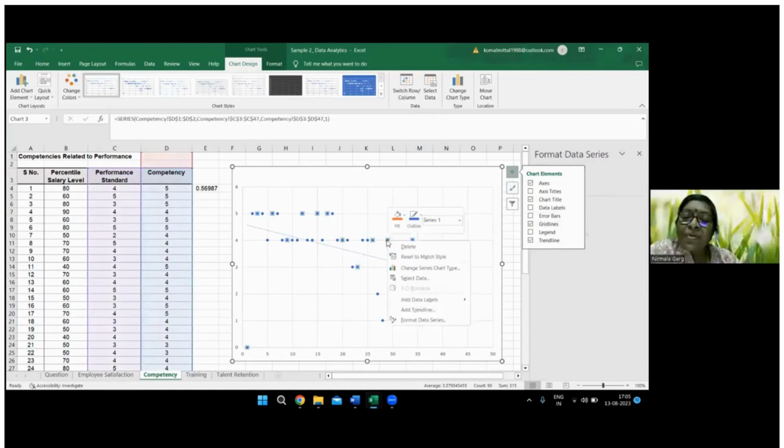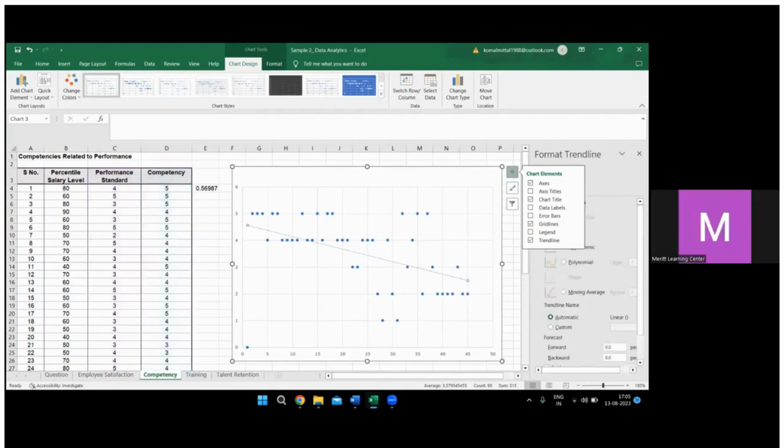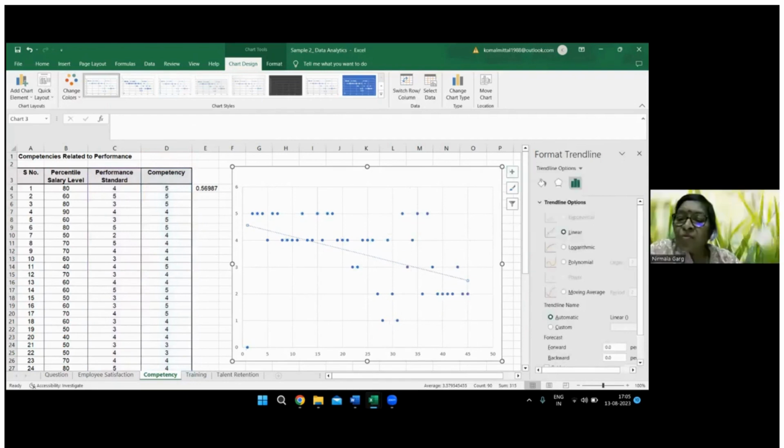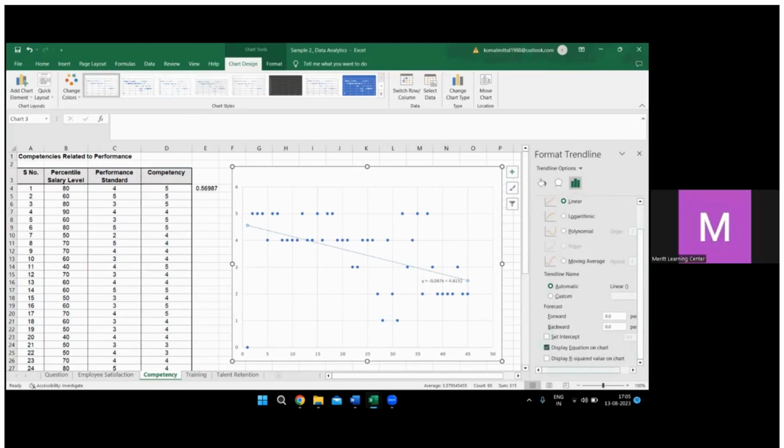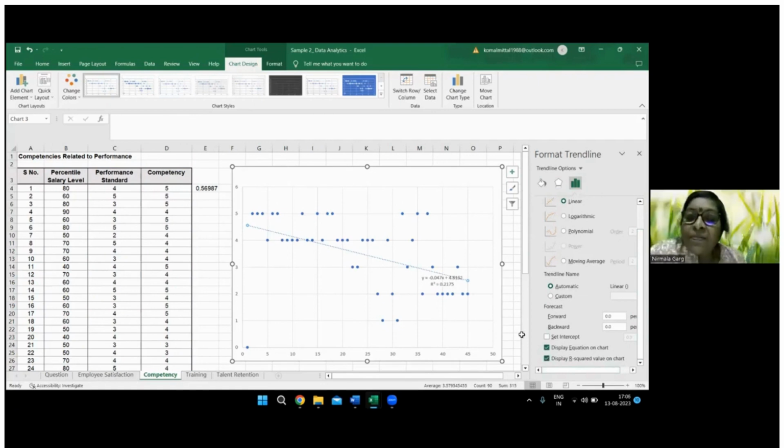When you do add trend line, you will get format trend line, with options like forecast forward and backward. Scroll down, then go to display equation on chart. Click on that. You can also display R square. Now, have you got it? So this also gives you the R square.